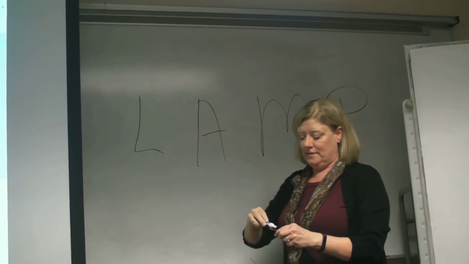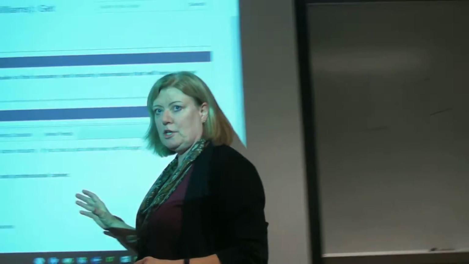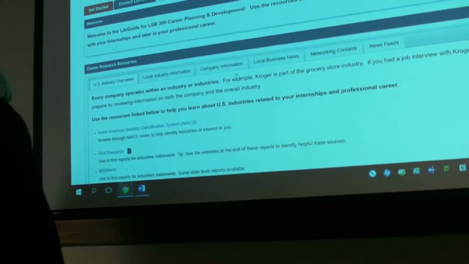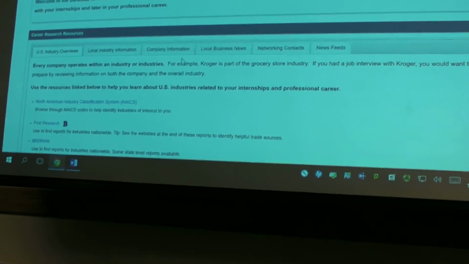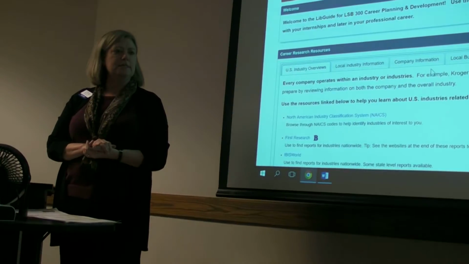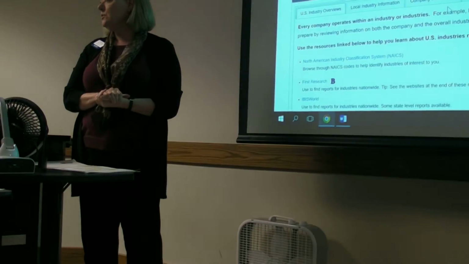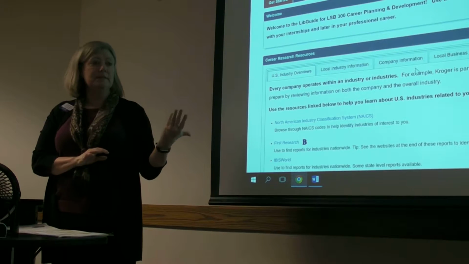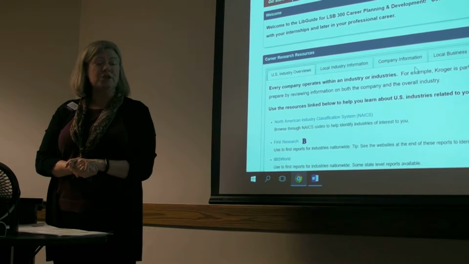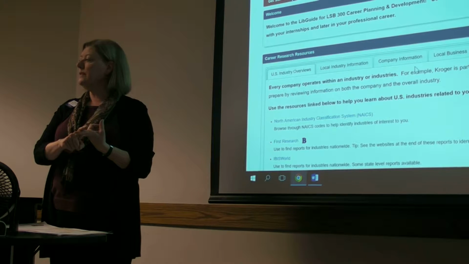LAMP. Okay. So there's something that's known as the LAMP worksheet or spreadsheet. And this is a tool that was created by a gentleman named Steve Dalton. He's a career counselor at a university you may have heard of, Duke University. He's written a book about this method called the 2-Hour Job Search. And LAMP stands for, L stands for list.